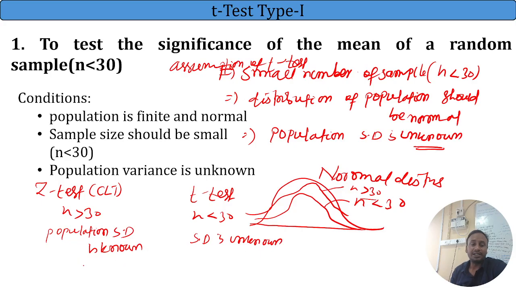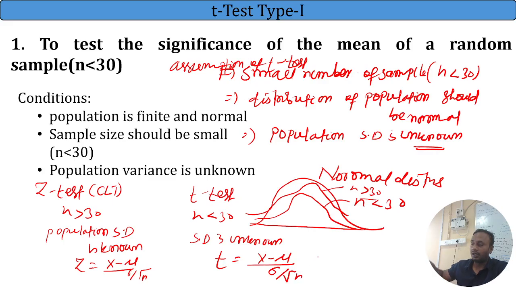So the test statistic will become z equals x-bar minus mu upon sigma by root n. But for this case, it will become t equals x-bar minus mu upon s by root n. Okay, so now we'll see.